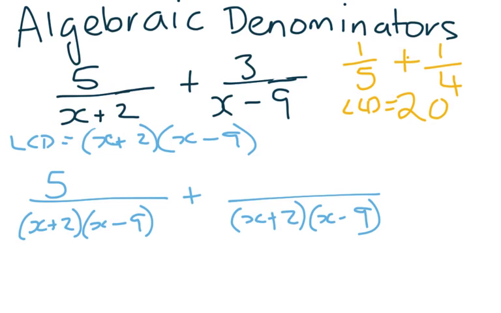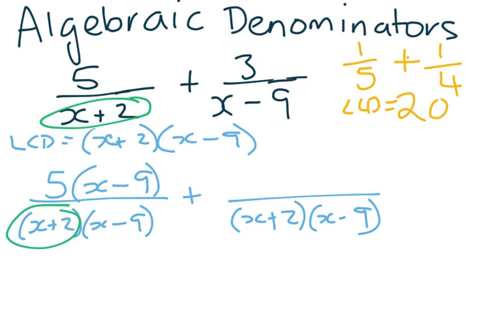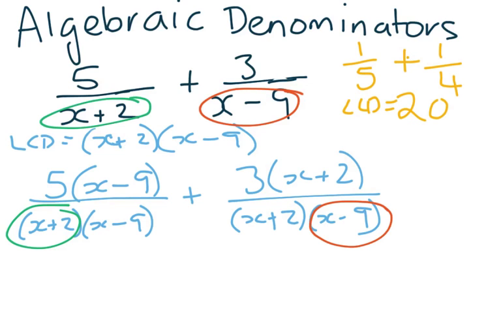So you'll notice that, see here, there's x plus 2 and x plus 2. Okay, we've also got an x take 9, so that's why we have to put x take 9 here. And then you'll notice here, we've got x take 9 and x take 9, but we don't have an x plus 2, so we have to do 3 times x plus 2.